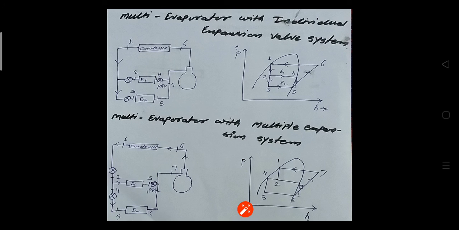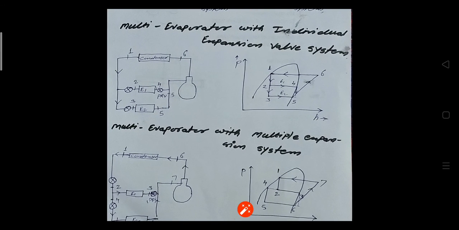In both cases, the compressor entry point is in the superheated region. If you combine the total refrigerating effect of evaporator 1 (E1) plus E2, QE increases.